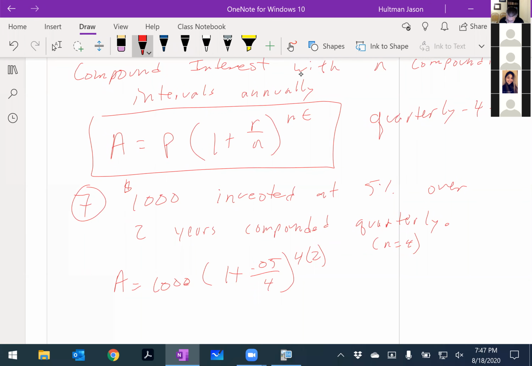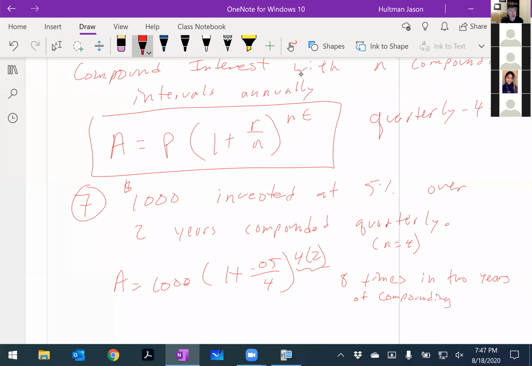So we will have compounded 8 times in 2 years of compounding.